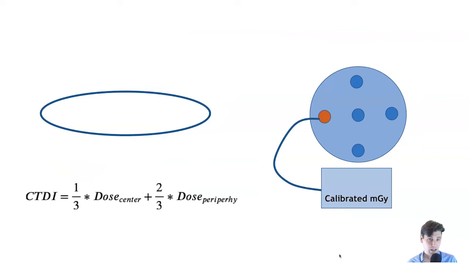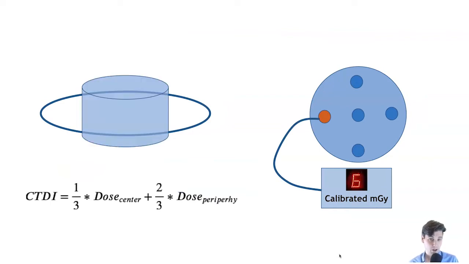CTDI, again, we talk about this separately in another lecture in more detail, but CTDI is measured with a phantom where we have, again, a plastic cylinder. So it's roughly like a tissue mimicking material. Nice simple plastic cylinder.